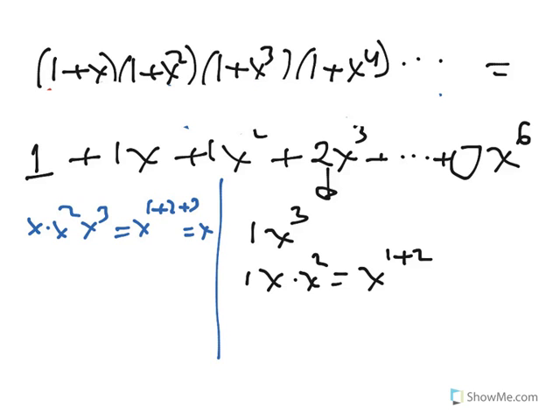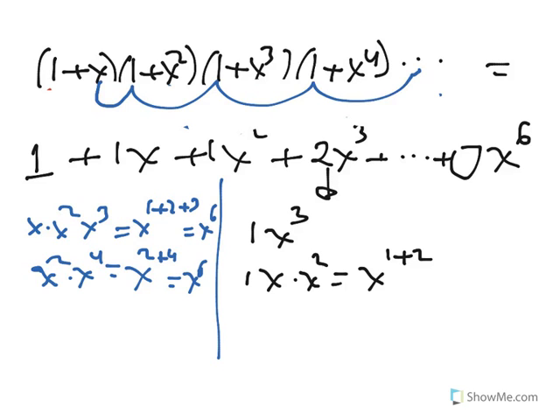That one I'll write as x squared times x to the 4th equals x to the 2 plus 4, another x to the 6th. Another x to the 6th is going to come from using this x with the 1, with the 1, with the 1, and eventually an x to the 5th will be out here.